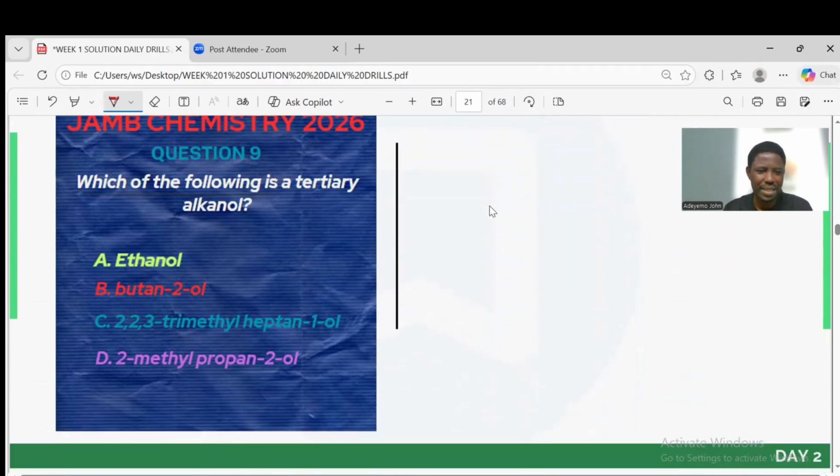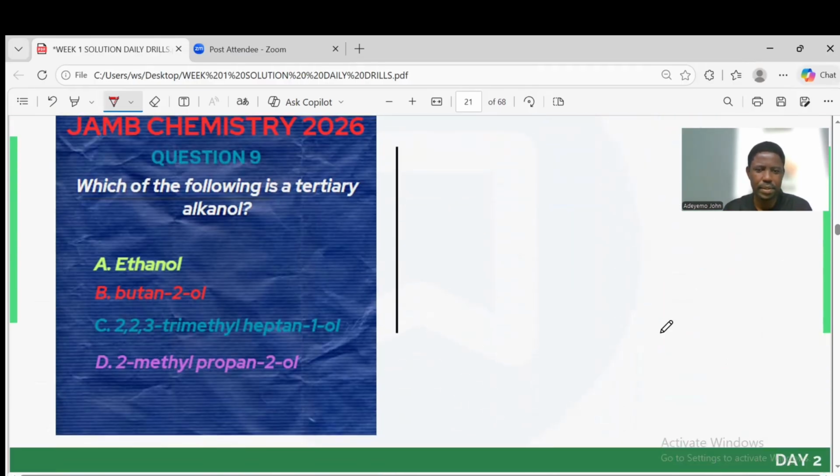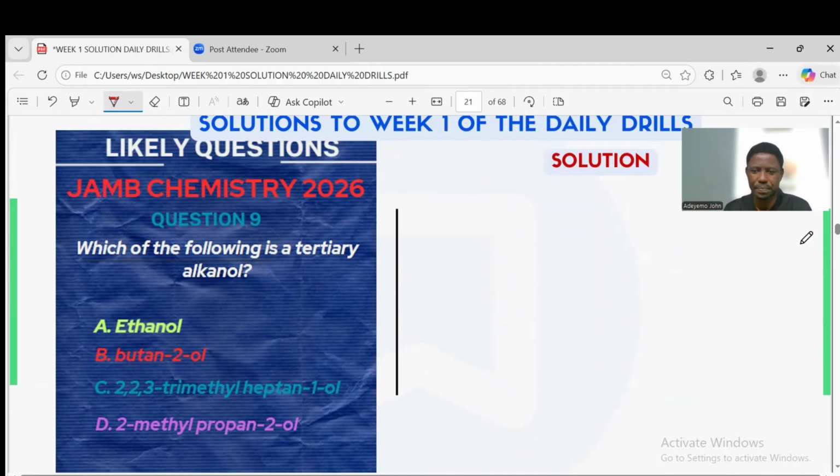Which of the following is a tertiary alkanol? For you to know a tertiary alkanol, let me quickly explain. Alkanol has the OH group as the functional group, all right? So if only one carbon is attached to the carbon carrying this hydroxyl group, which is the OH group, and the rest are hydrogen, then that is primary.